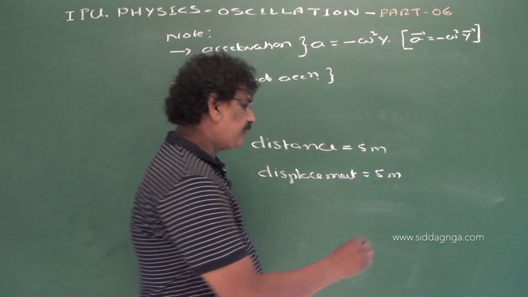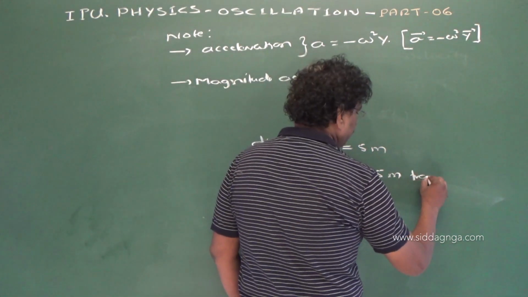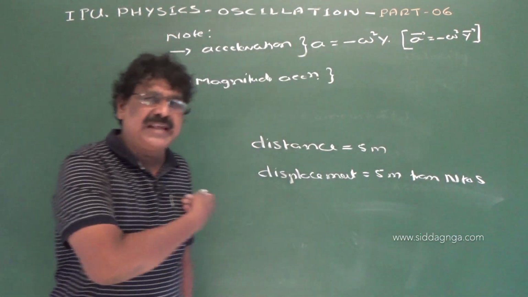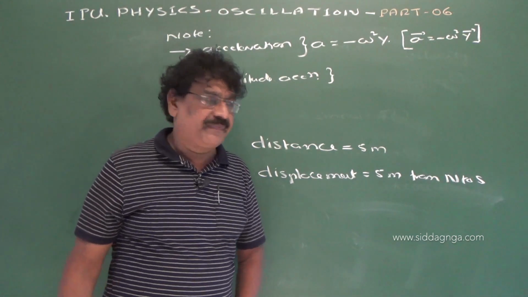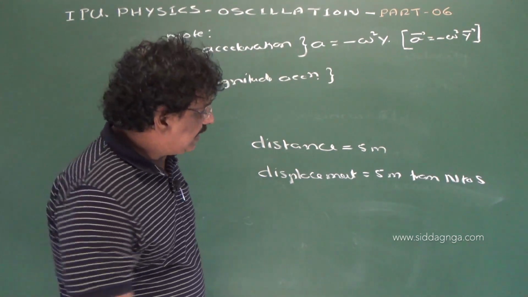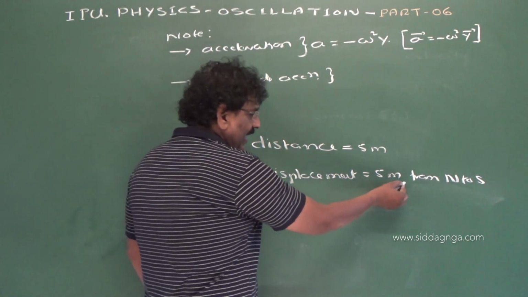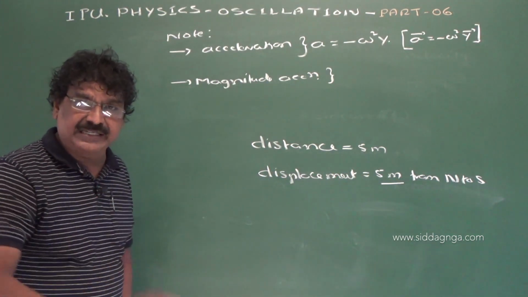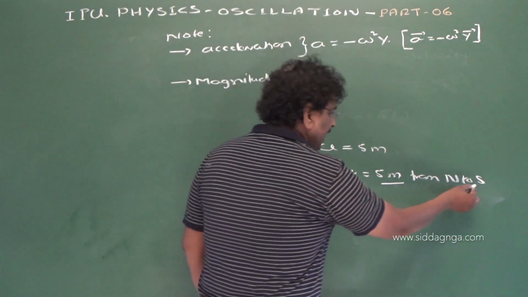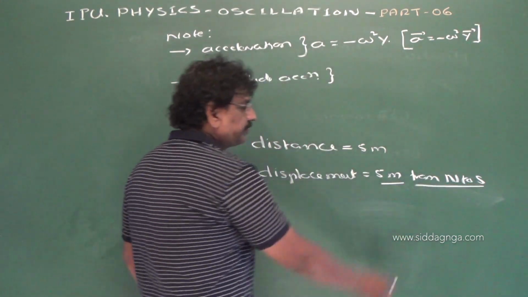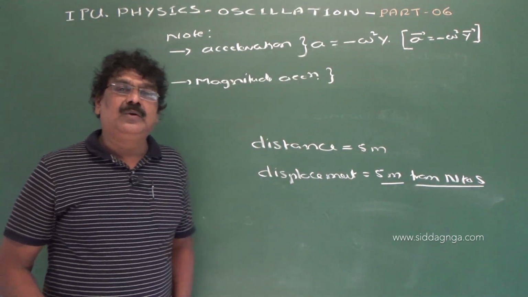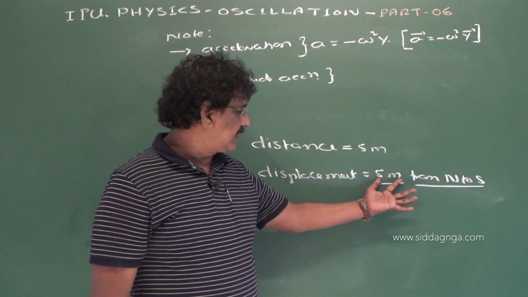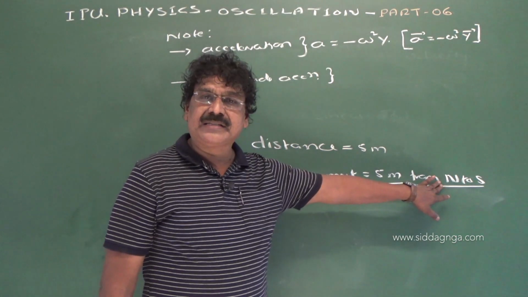We say from north to south direction or any specific direction, then it will be complete. So here when I say 5 meter, it represents only distance travelled. When I say 5 meter from north to south, it represents displacement. Here this is magnitude and this is direction.